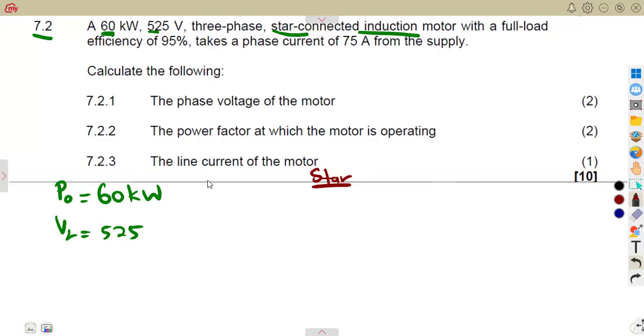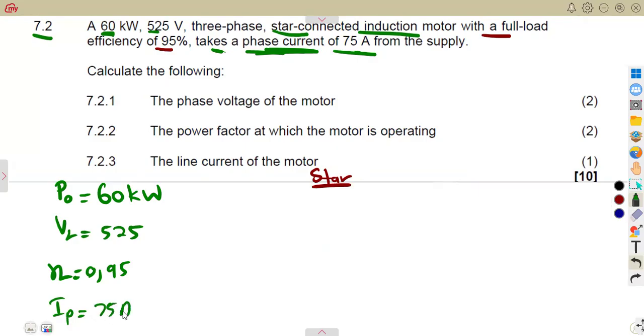Remember, we talked about a typical question where we can have both the star and the delta, but this one is in a star. With a full load efficiency of 95%, that means our efficiency in this case is 95%, that is 0.95 if you divide by 100. Takes a phase current of 75 amps from the supply.